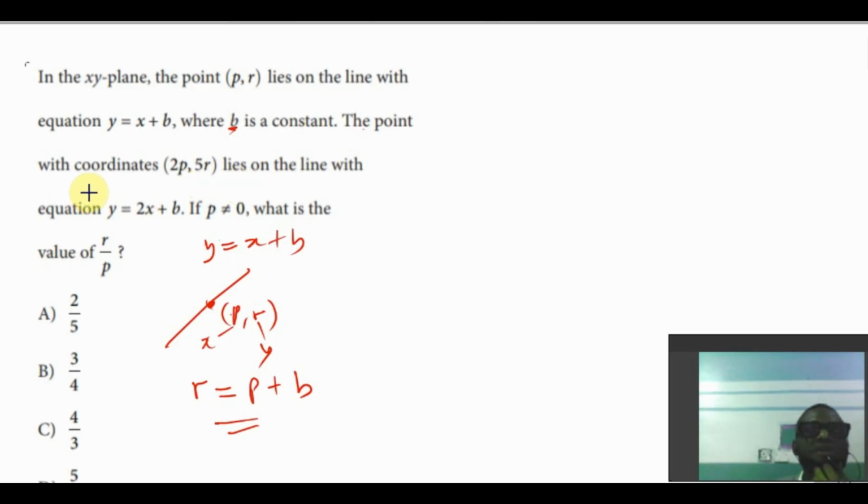The point with coordinate (2p, 5r) lies on the line with the equation y = 2x + b. Remember, 2p is for the x and 5r is for the y.